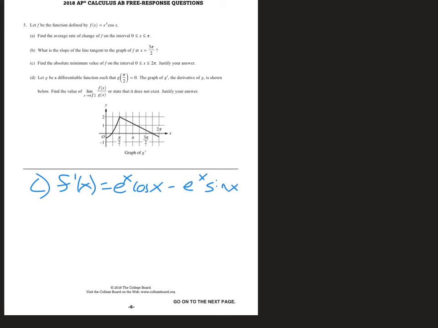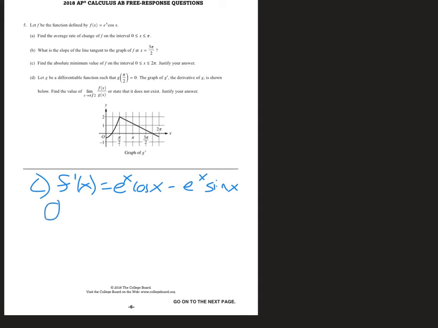Instead of keeping the negative with the sine of x, I just pulled it out there. And I need to know where this is 0 or undefined. Neither e to the x, nor cosine of x, nor sine of x are ever undefined. They all have a domain of all real numbers. So no critical numbers where the derivative is undefined here, which is nice.